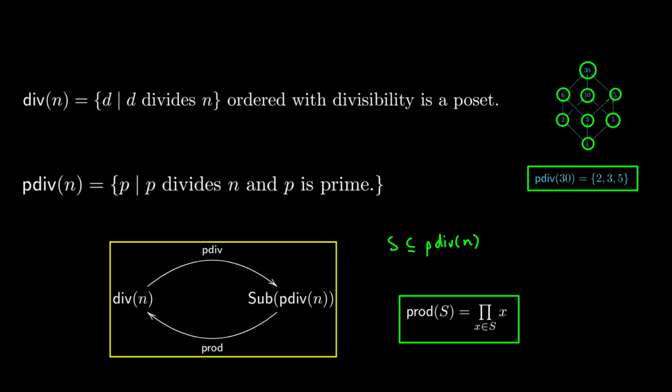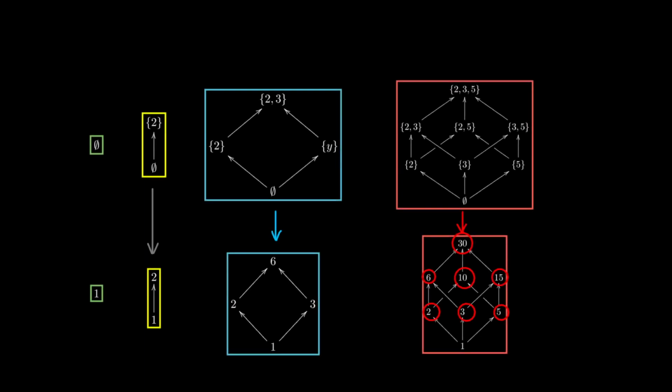Let's just go back to the picture we saw earlier. Okay, here it is. At the top you'll see exactly all subsets of pdiv 30, and here we have exactly div 30.